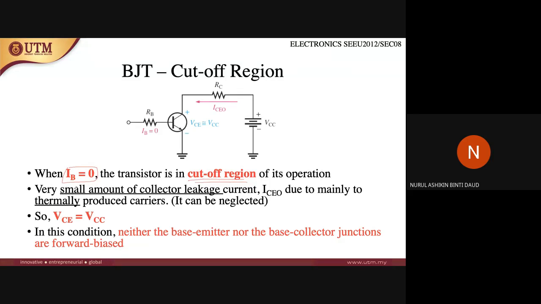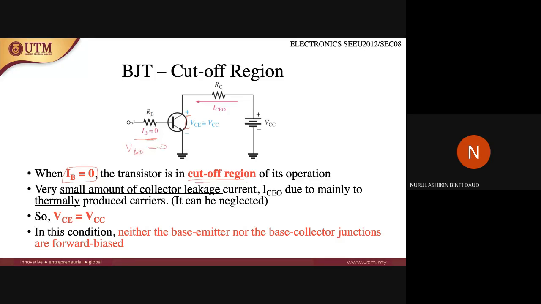Because of the value of the voltage VCE here. Since IB is 0, it means that VBB is also 0.